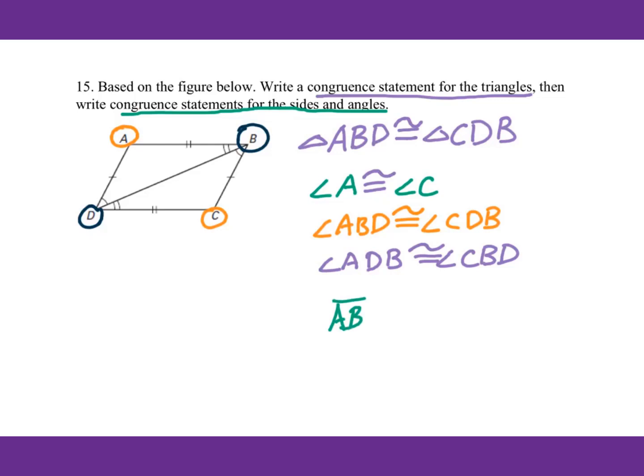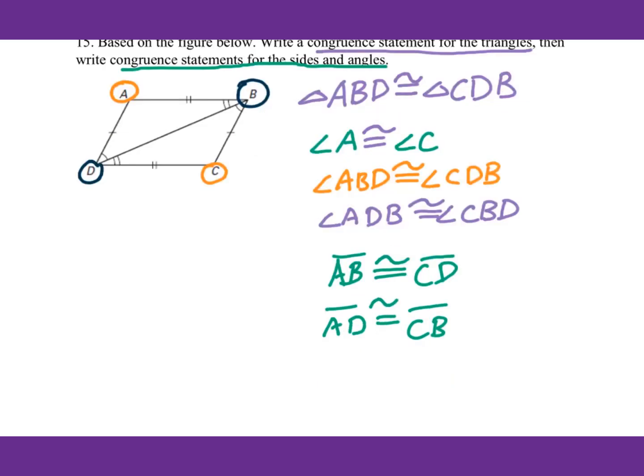For the congruent sides, we have AB and CD, congruent to each other. AD and CB, congruent to each other. Then we have BD and DB, congruent to each other.